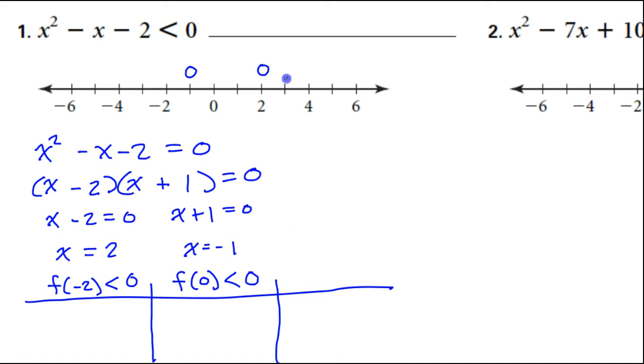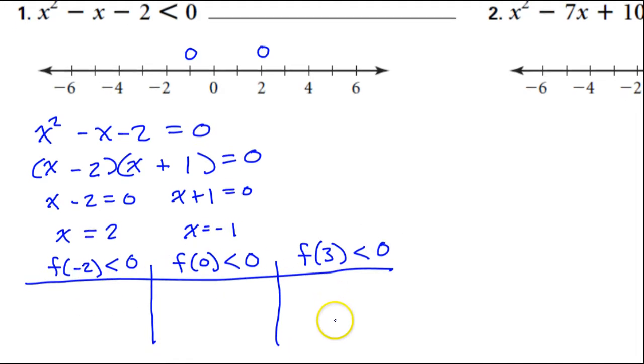And then finally, we need to pick a value that's greater than 2, for example, 3. So let's test the value of the function at 3 and find out, is that less than 0? Okay, in every case we want to see, is it less than 0?